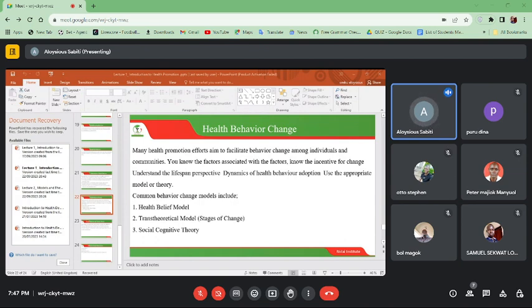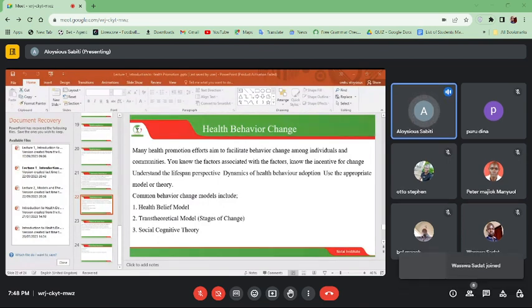For example, the social cognitive theory explains how individuals learn from observing others and how self-efficacy influences their health behavior. In other words, a theory is a set of phenomena, meaning that there are particular sets of rules that if this happens, then this will be the outcome.